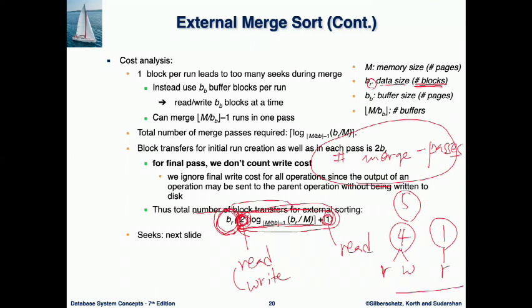So each record will be accessed a total of 9 times, because in 4 merge passes, 2 accesses each, and in the last merge pass, only 1 access for read. Okay, so 5 merge passes, 9 accesses, and this is multiplied by the number of blocks. So you multiply the number of blocks and the number of accesses per block or per record. Is this clear to you at this point? How you can infer the number of block transfers?